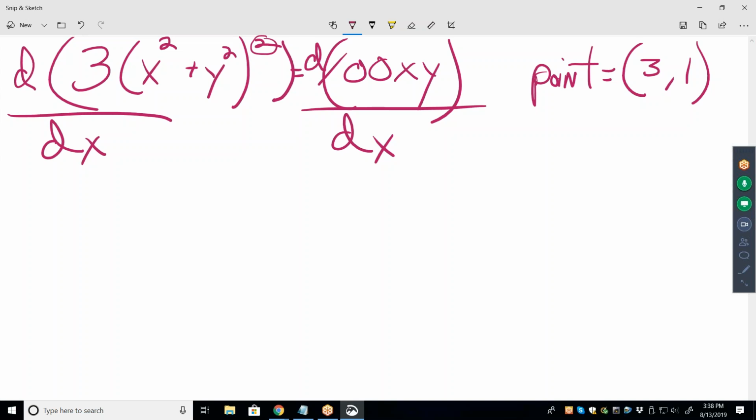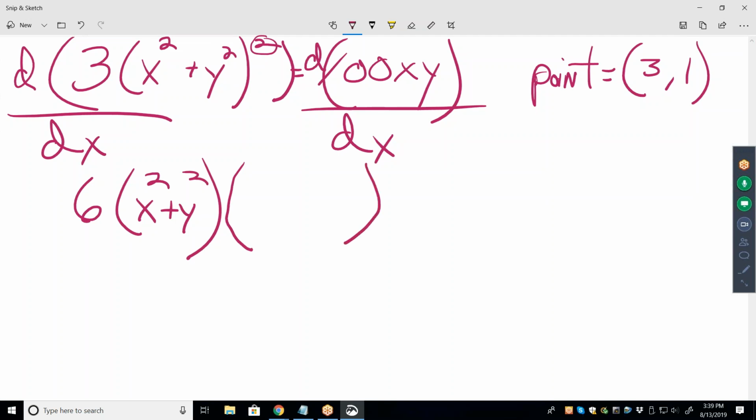All right, so we're going to have 6 times (x squared plus y squared) to that power, and we're going to have that times the derivative of x squared plus y squared.